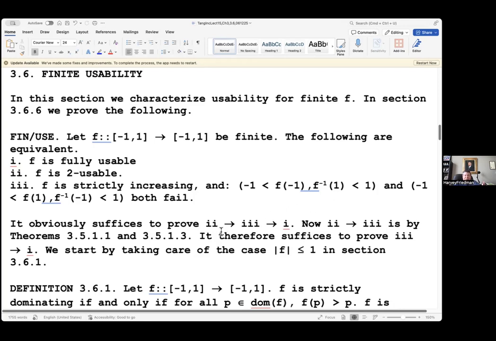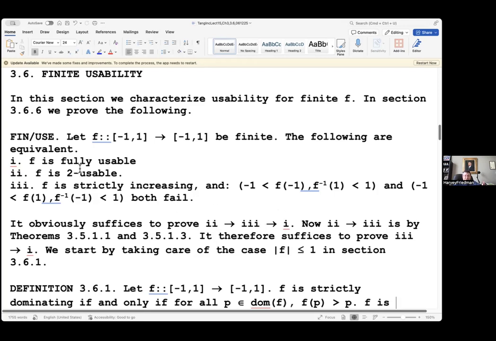Now it obviously suffices to prove that 2 implies 3 implies 1 implies 2, because 1 implies 2 is obvious, and we'd have a circle of implications. So we'd have the equivalence that we want. So it's enough to prove 2 implies 3, and 3 implies 1.